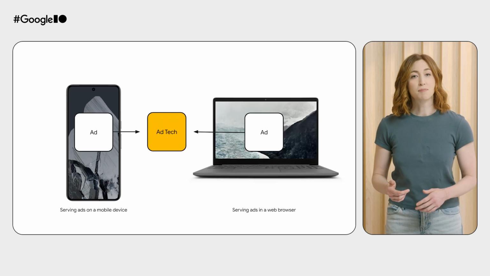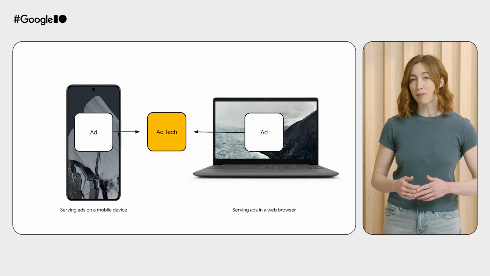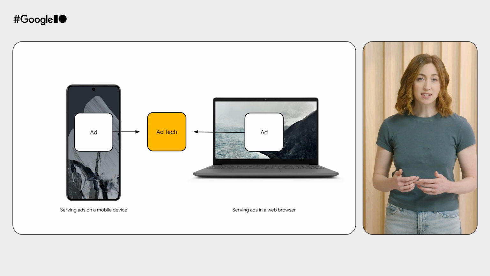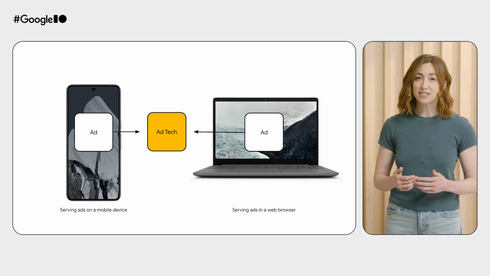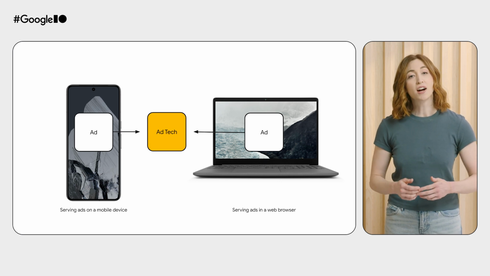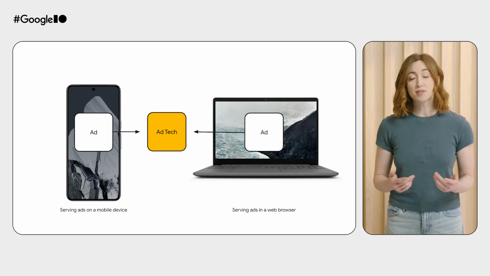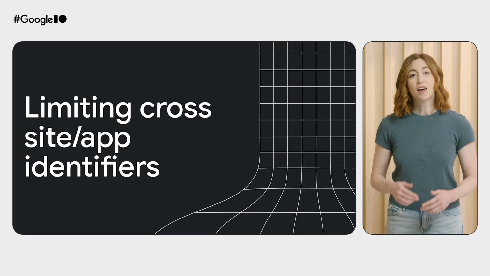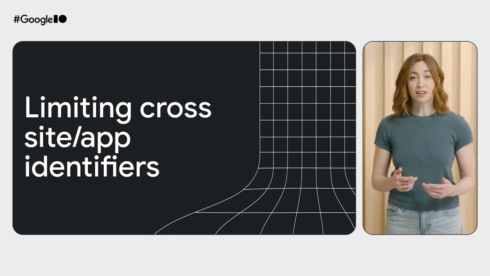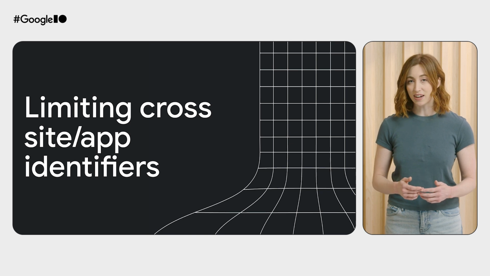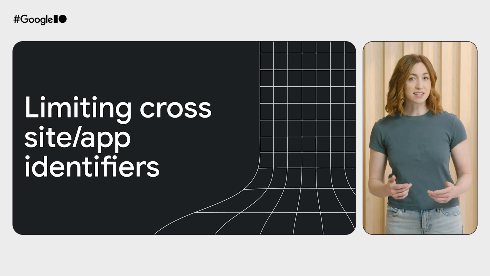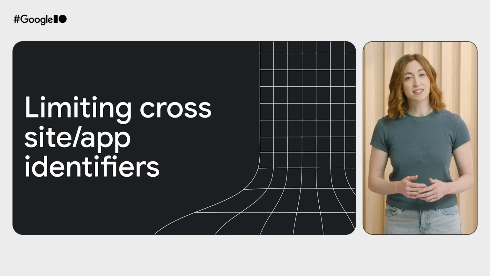If your website, progressive web app, or trusted web activity uses third-party cookies to support user-facing experiences, such as login, visit our developer website to learn about the new privacy-preserving APIs to support these use cases. The current mobile and web ecosystem relies on cross-app or site identifiers to enable critical use cases, including ads use cases.